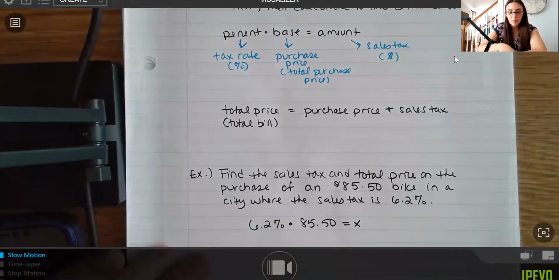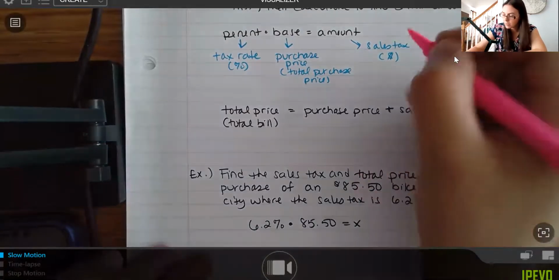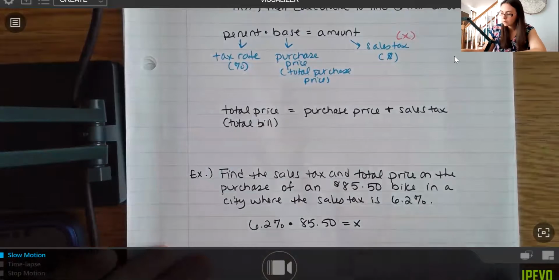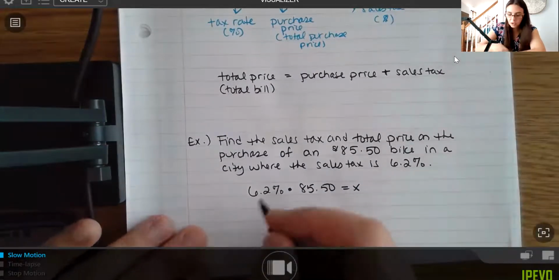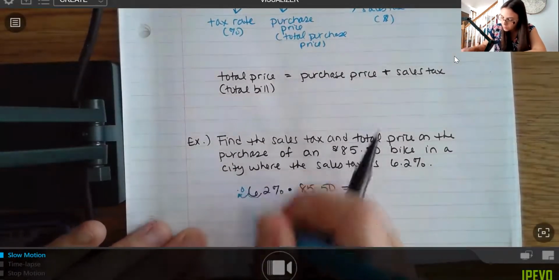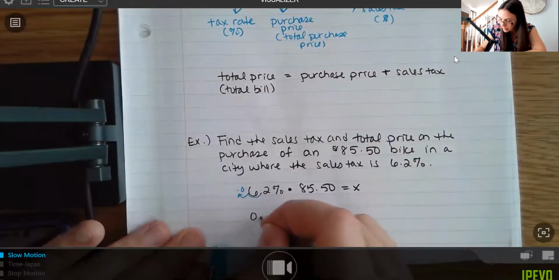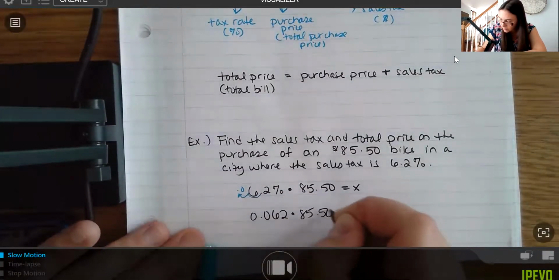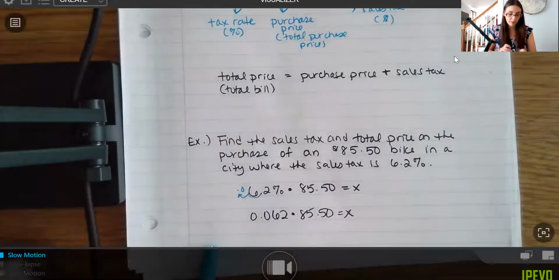So again, for our setup here, you're going to notice that for these problems, your sales tax is typically going to be your X. I still need to change this over to the decimal form. So I'm going to use 0.062 times 85.50. And then I'm definitely just going to take out my calculator here.